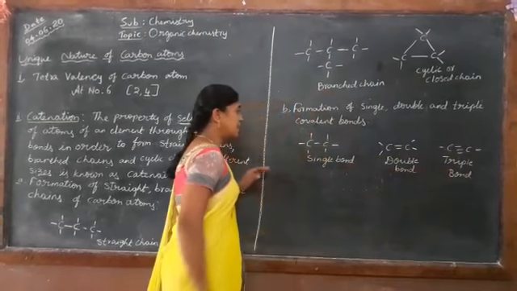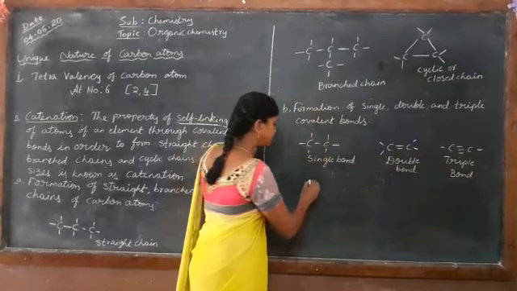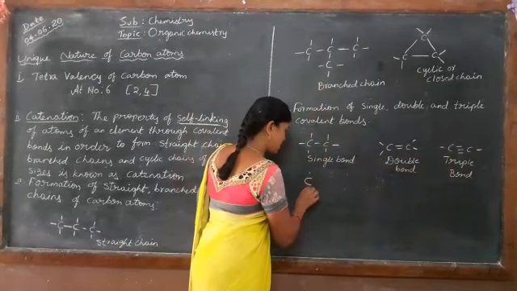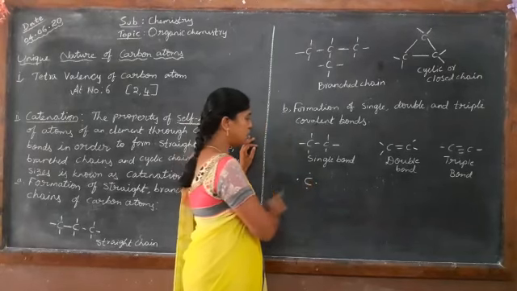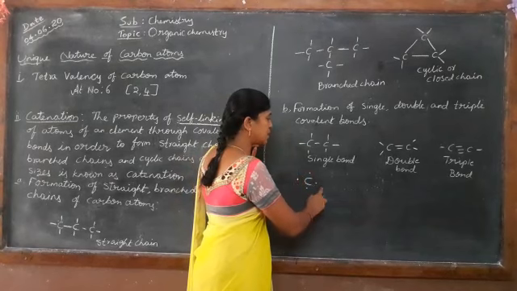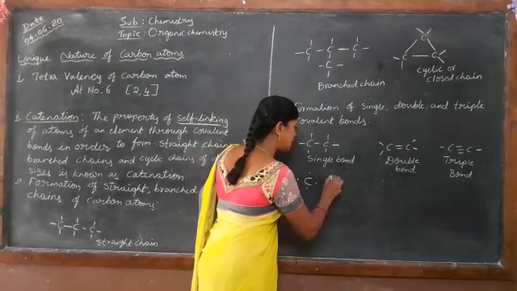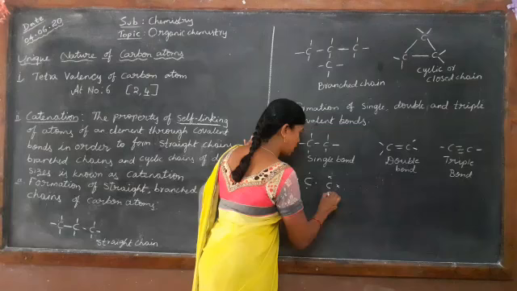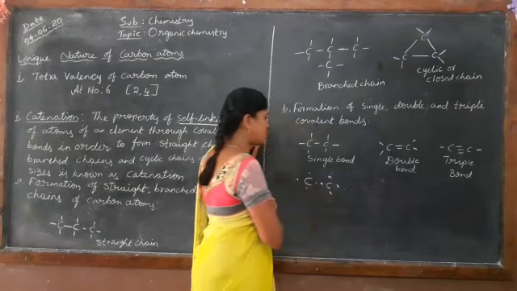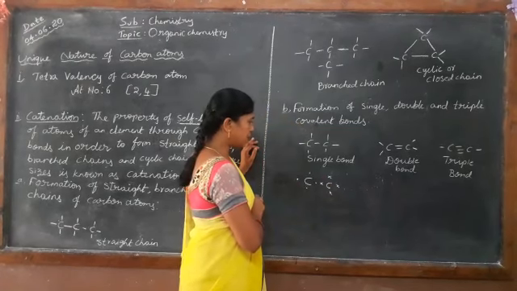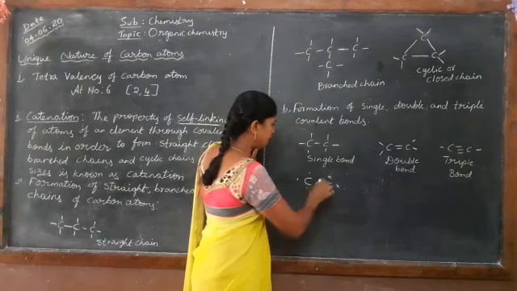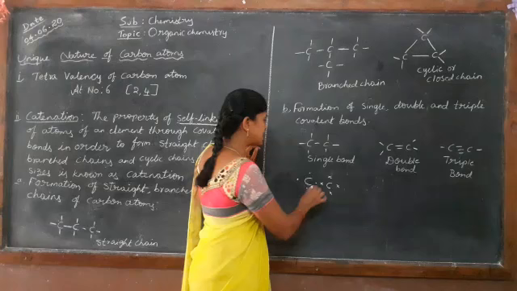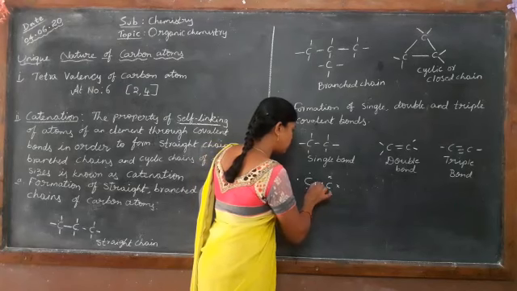Let us see that in the form of the dot structure. We know that the valency of carbon is 4. So this is the valency of the first carbon and this is the valency of the second carbon. In order to form that reaction, they will take the linkage and form the bond between these two.